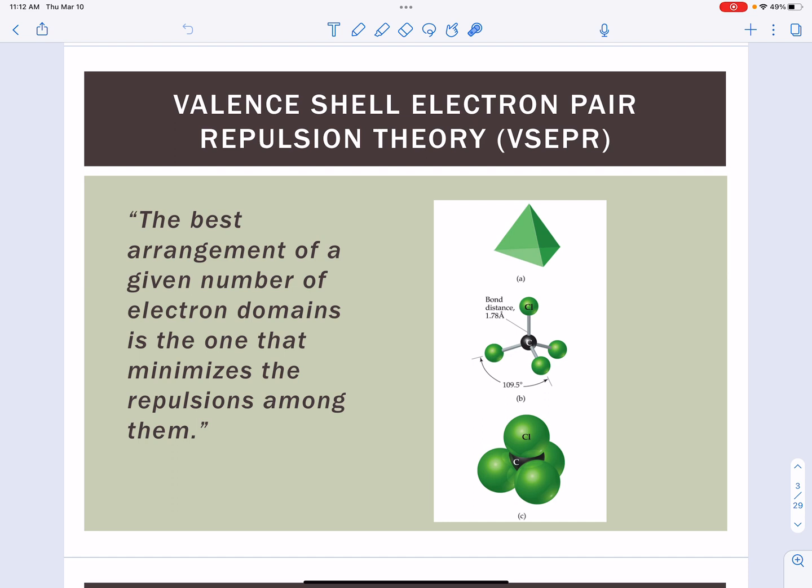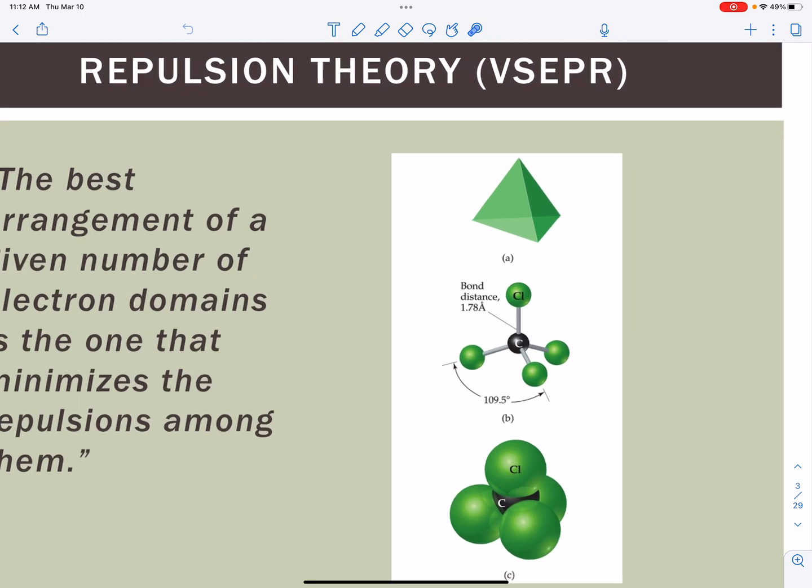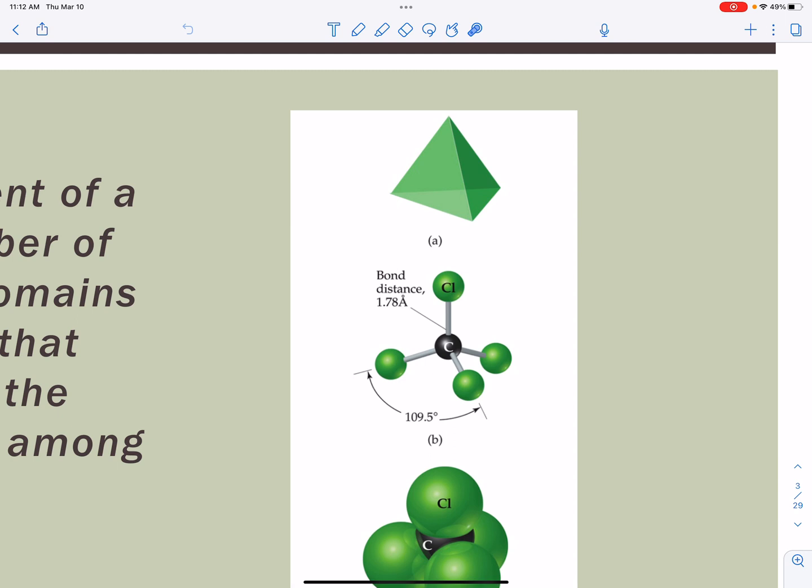So the best arrangement, according to VSEPR theory, geometrically for electron domains is the one that will get them as far away from each other as possible and therefore minimize repulsion. So that's why if you have 4 electron domains, like in the CCl4 compound, they don't just go in the 4 cardinal directions like you would expect if you just looked at the Lewis structure, right? Instead, they actually don't go 90 degrees from each other.